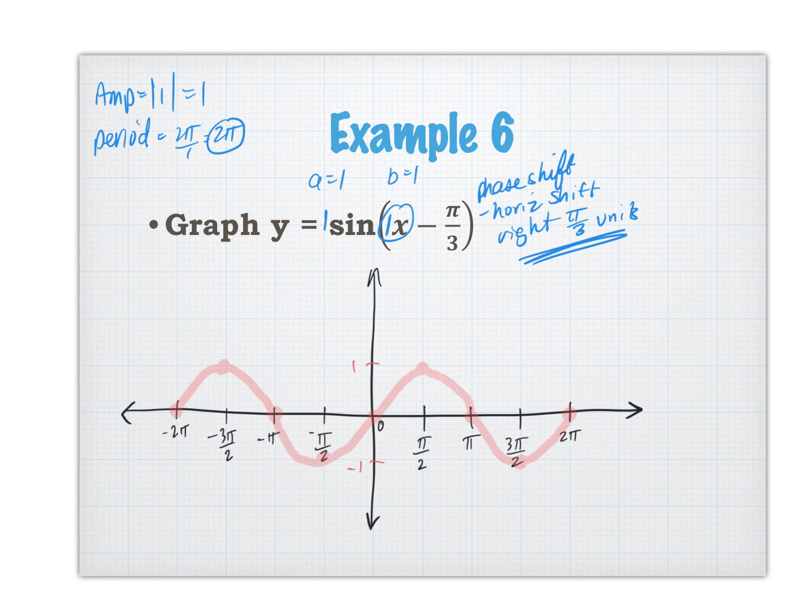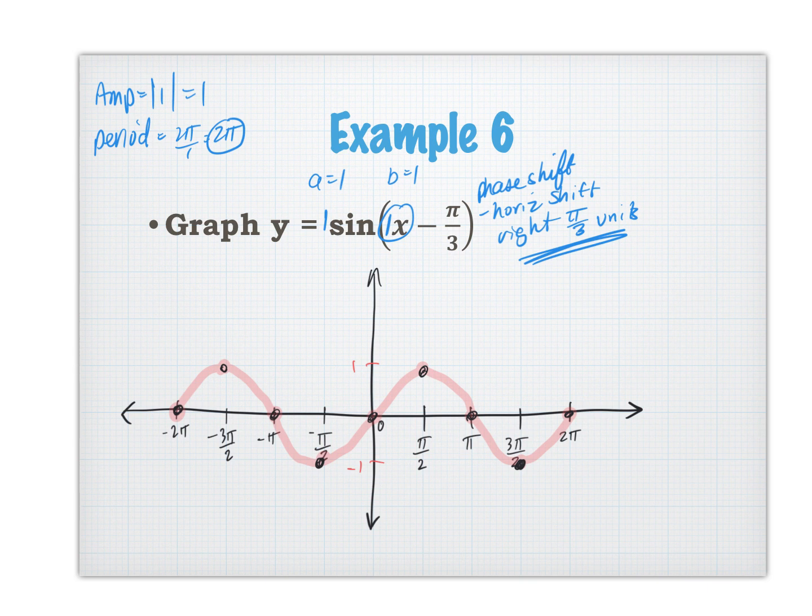But because this whole graph is shifting to the right, pi over 3 units, we need to identify these key points. Right now, we know our new graph, when it shifts, is not going to go through negative 2 pi, negative pi, 0, pi, 2 pi. These points are all going to shift to the right, pi over 3 units.